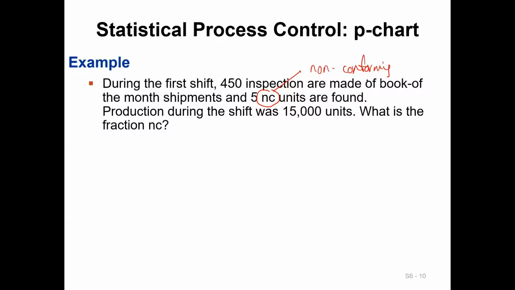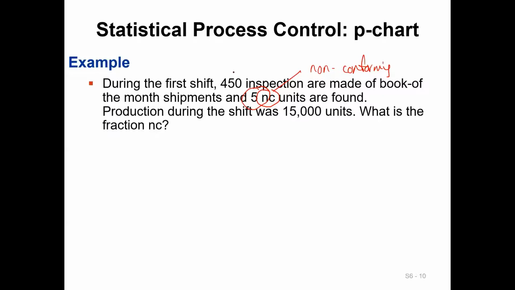So we say that P is equal to NP divided by N. The NP here refers to 5. N, where's the N? Is it 450 or 15,000? If you start answering 15,000, then you are wrong. 15,000 is the production units.